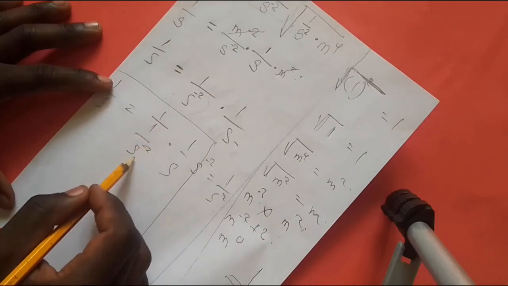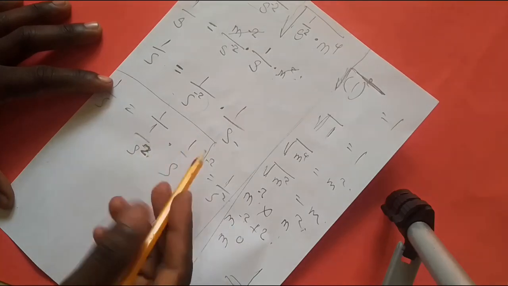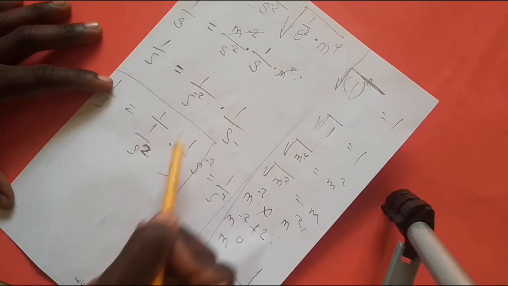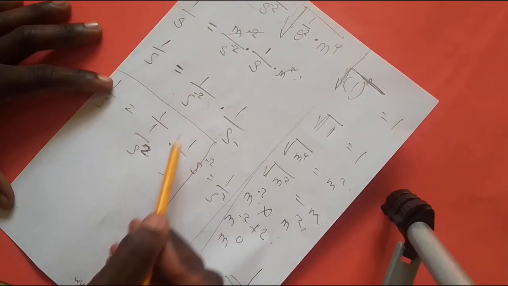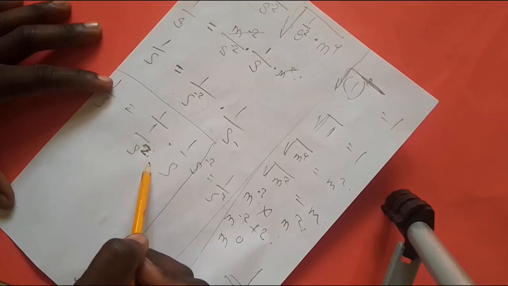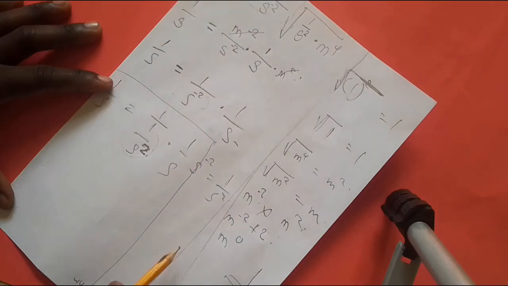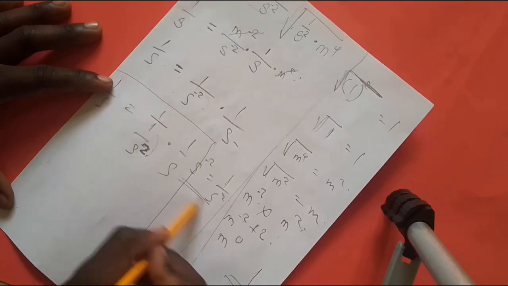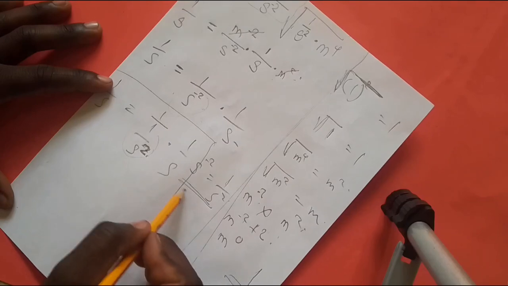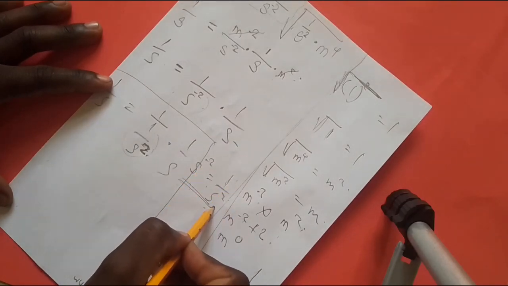So s to the power negative 2 is just the same as 1 over s to the power 2. I've said this when I was explaining it here, that s to the power negative 2 is equal to 1 over s to the power 2.